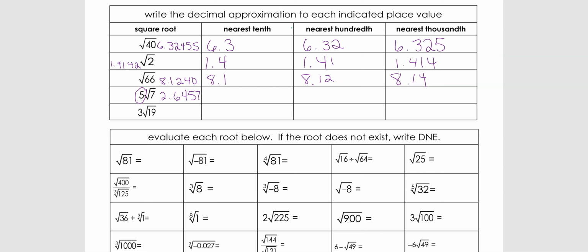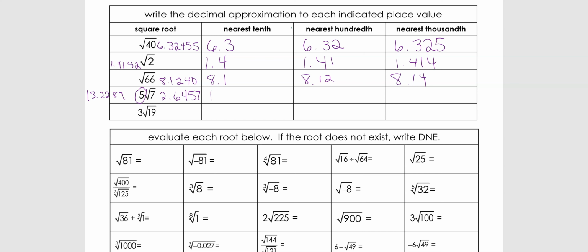If I multiply that by 5, I get 13.2287. It would actually round to 88, but we're going to round to the nearest thousandth as our most precise. So I just wanted to write down the first 4 decimal places.